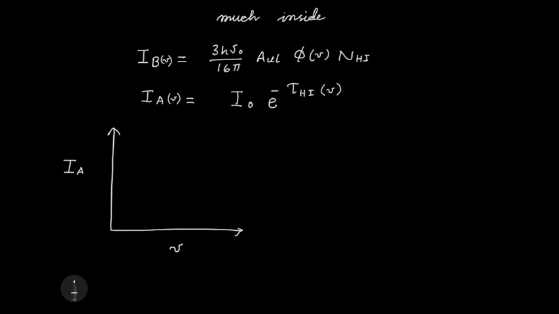This axis is frequency, and here I am plotting I_A. What will I see? Let us also write down tau here.